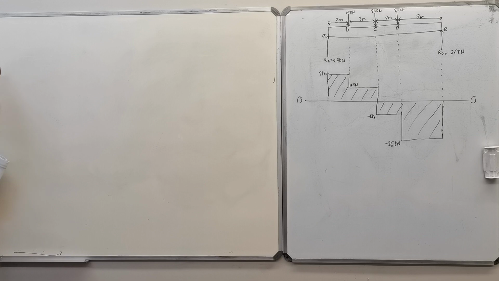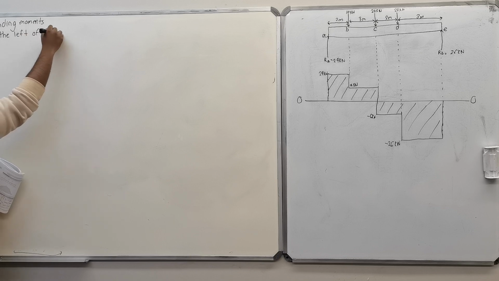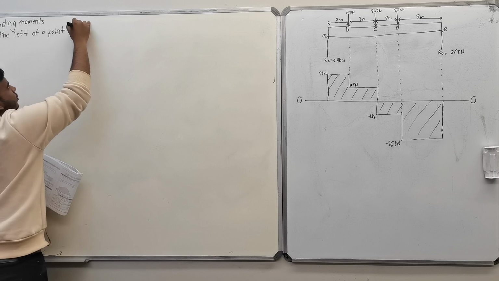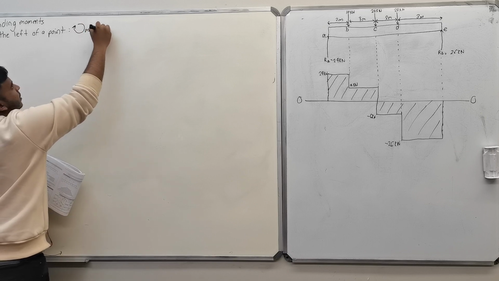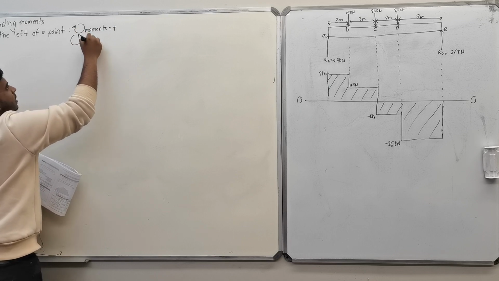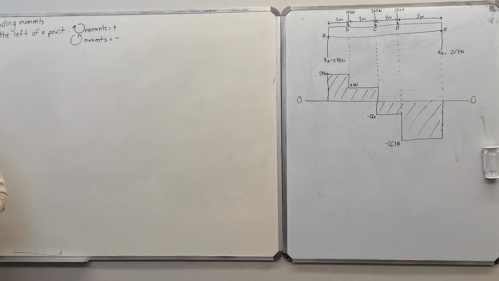So when you're working out bending moments, clockwise moments are positive, anti-clockwise negative, and you'll see why I'm telling you how to do this.